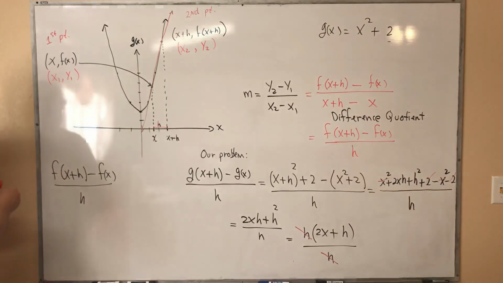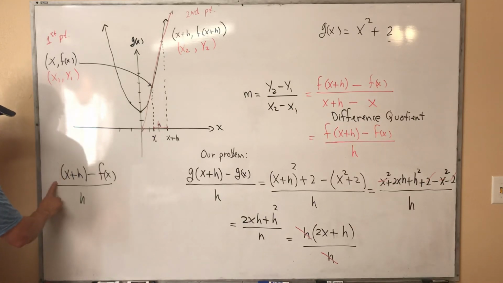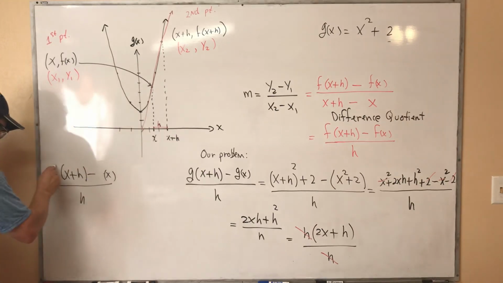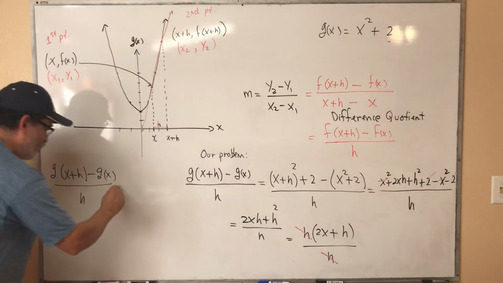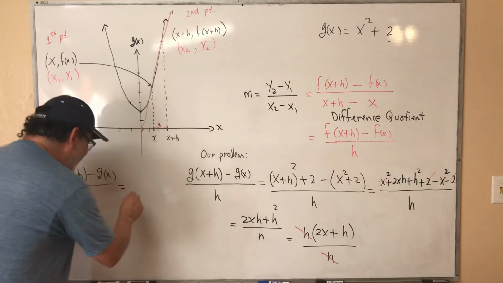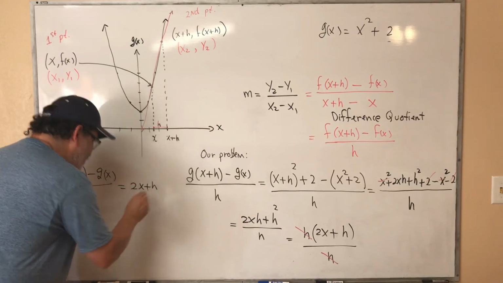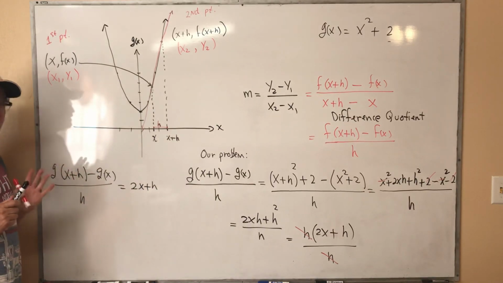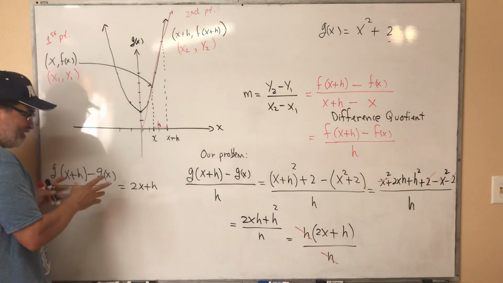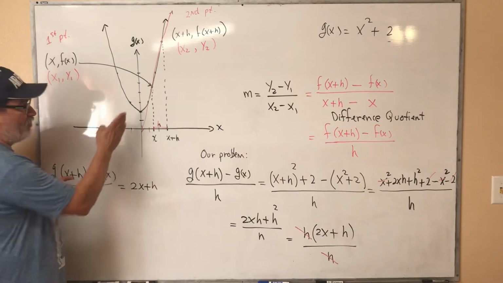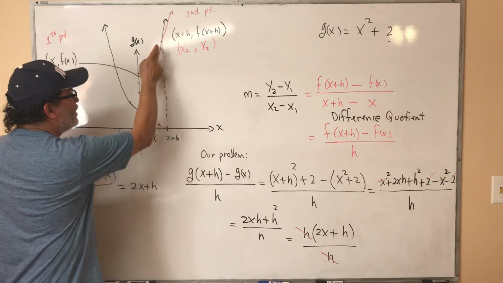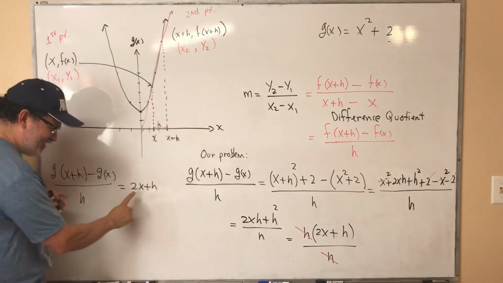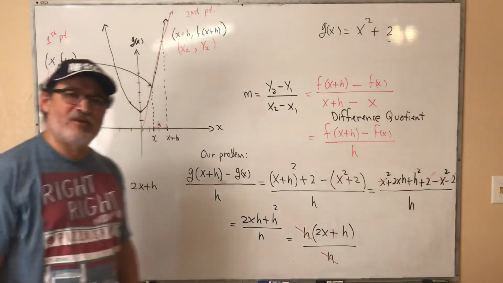I should use g instead because this is general, but if you want to use g, you can. For this function g, what is it? 2x plus h. Yay. Guess what? The slope of the line that passes through these 2 points, this point and that point, for this graph is 2x plus h. All right, good class.